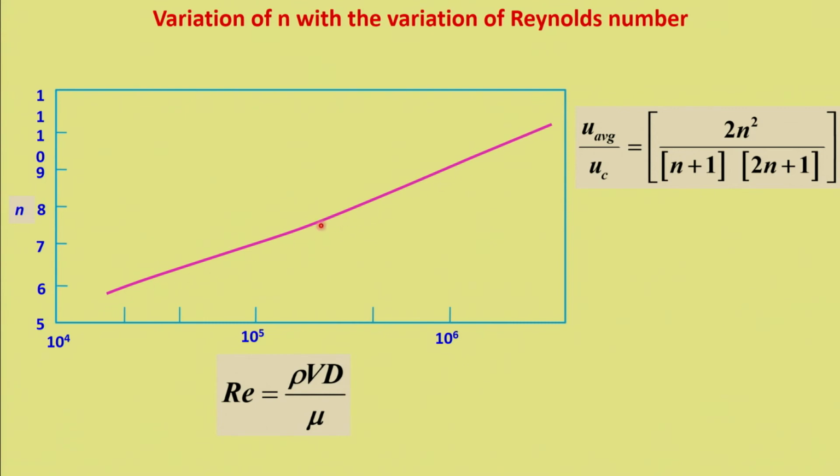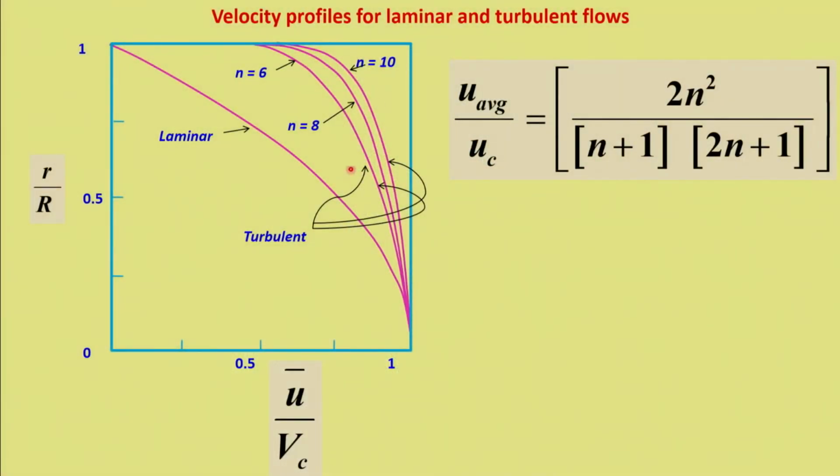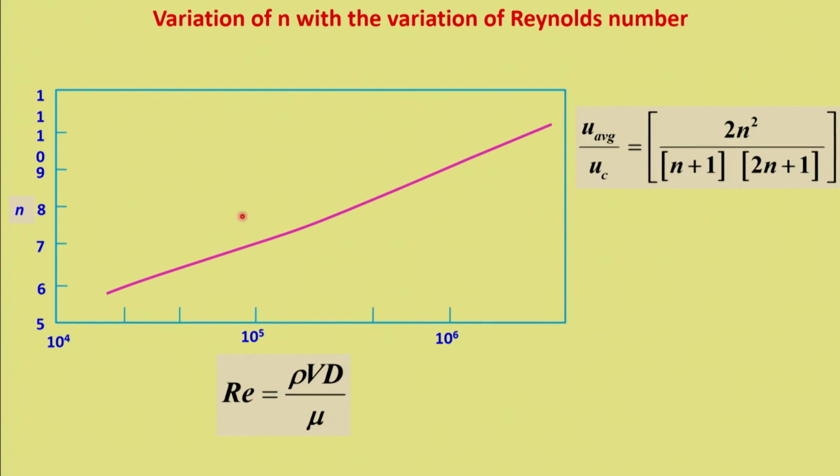That is what makes it fuller and fuller. So you have u average by u center line as 2n squared by (n plus 1)(2n plus 1). So this is what we got.